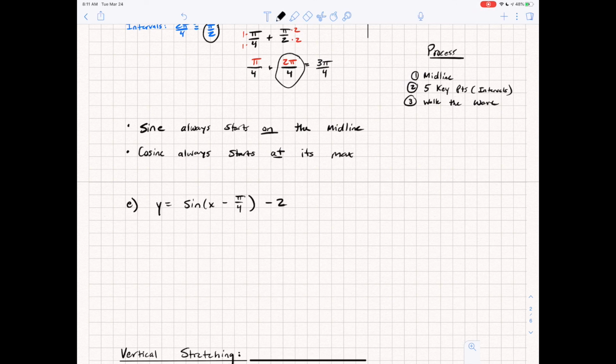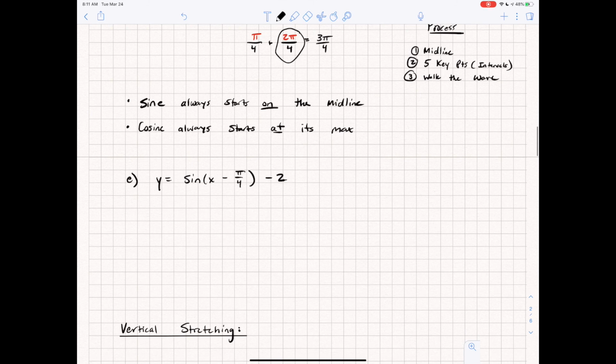All right, and so in this kind of function here, this has a horizontal shift of pi over 4 to the right and a vertical shift down 2.